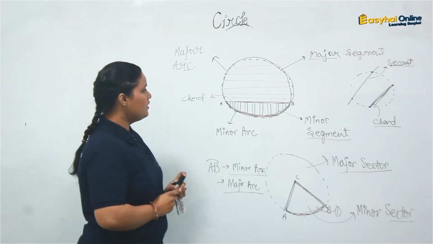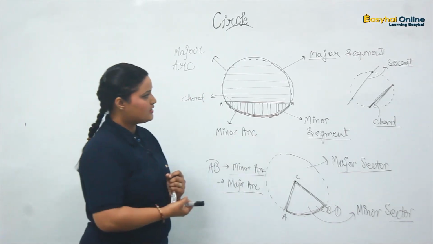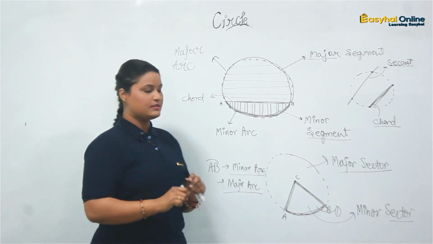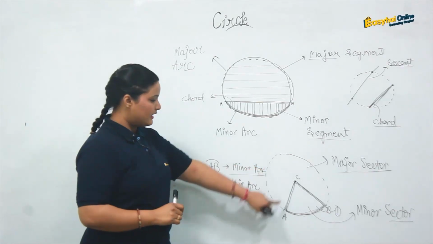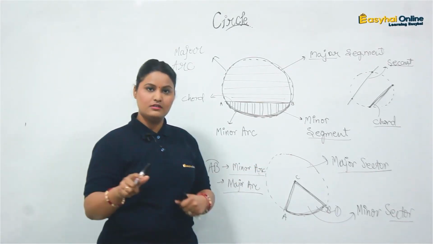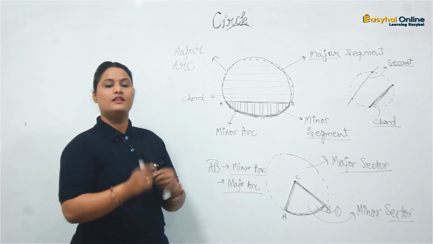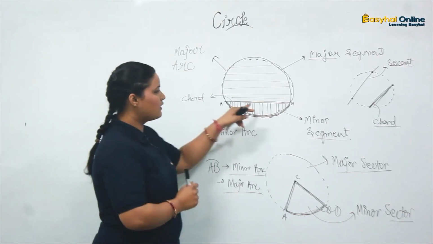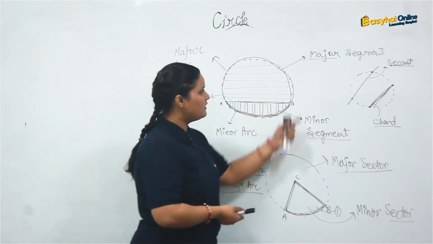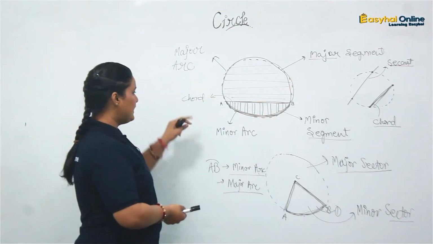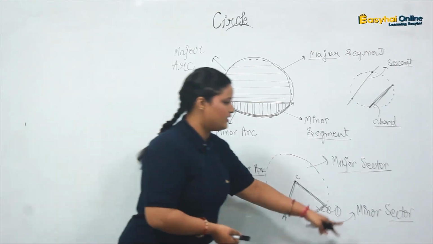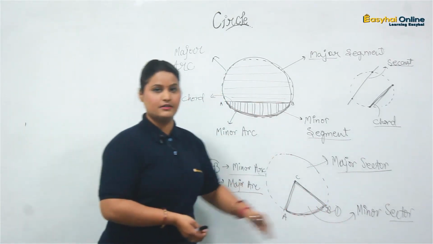So this is all about the terminology of the circle that we have discussed from the very initial stage: the center, then the radius, then the diameter. The diameter is the largest chord of the circle. Then the chord, then minor and major segment, then minor and major arc, and then minor and major sector.